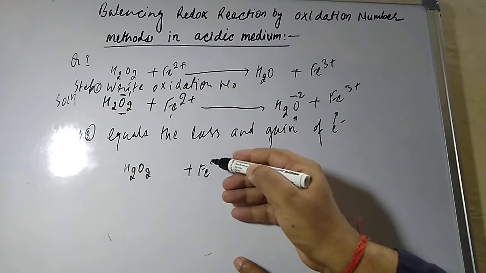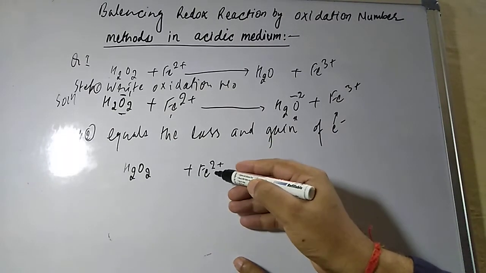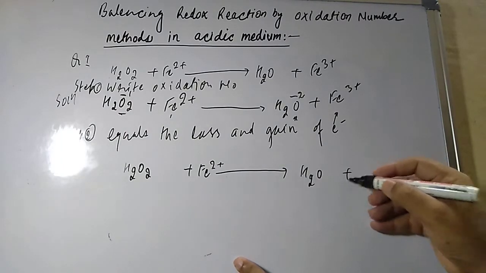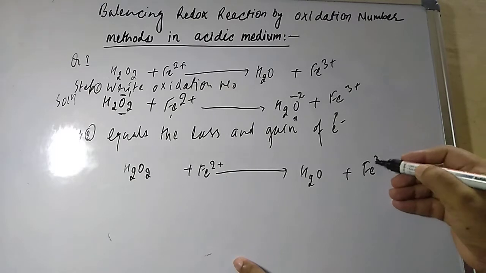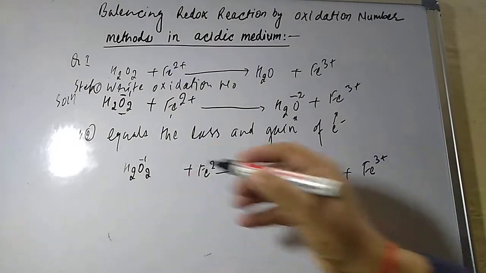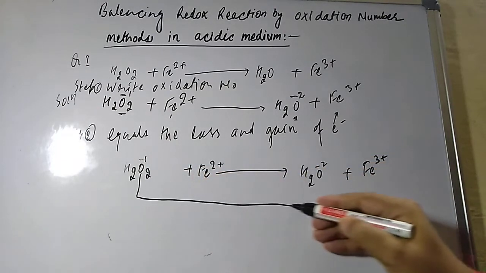Fe2+ is converting into Fe3+, and H2O2 is converting into H2O. The oxidation numbers we already calculated: this was minus 1 and this was minus 2. So minus 1 to minus 2.